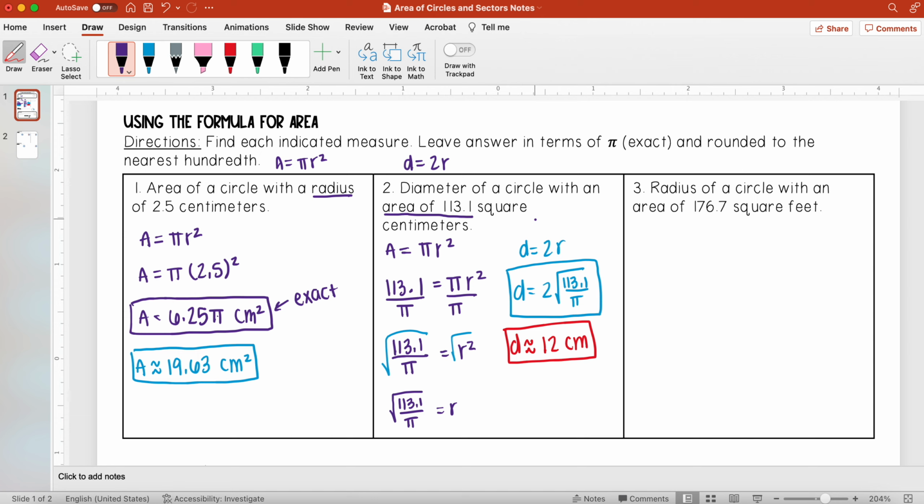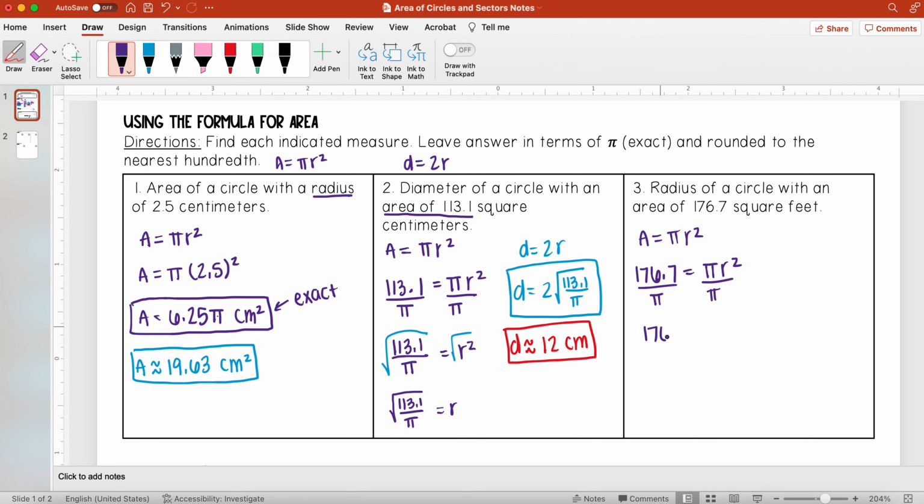Okay, looking at this last one, I want to find the radius of the circle with an area of 176.7 square feet. So I know area is equal to pi r squared. I'm given that my area is 176.7, so I'm going to replace A with 176.7. Divide both sides by pi.